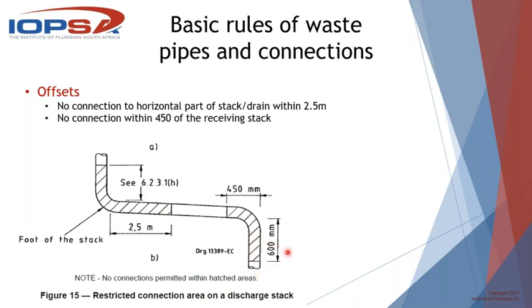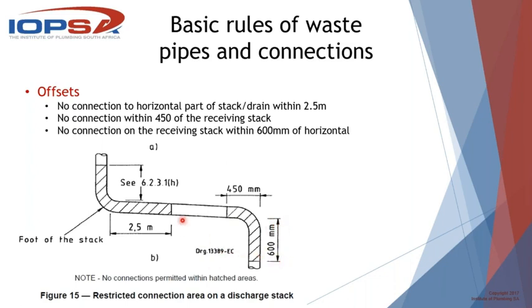This is the receiving stack on the right-hand side. So within 450 mil of that, no connections, which is very easy to follow. That's not a very big distance at all. No connection on the receiving stack within 600 mil of the horizontal. In other words, from the bottom of the horizontal downwards, within 600 mil, no connection.